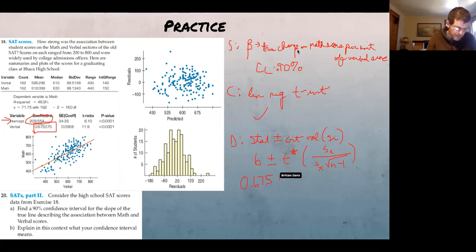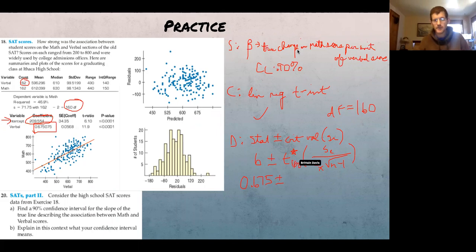So I'm going to get 0.675 plus or minus t star. I'll come back to t star in a second. My sample size right here is 162, so my degrees of freedom is 160.